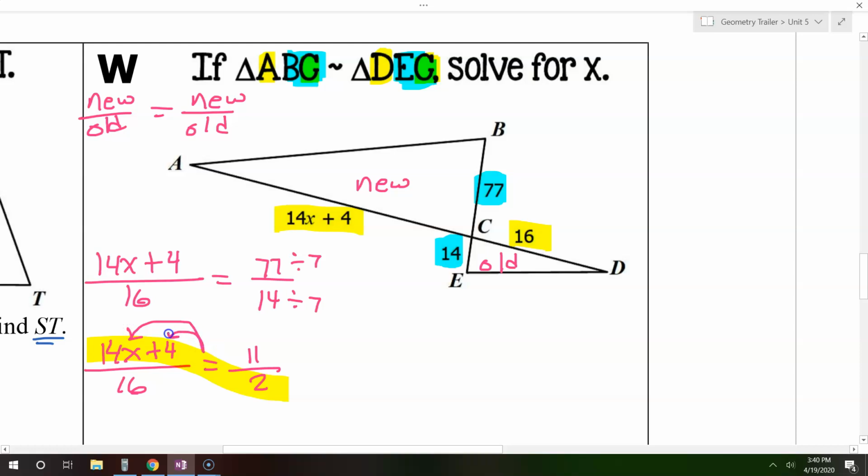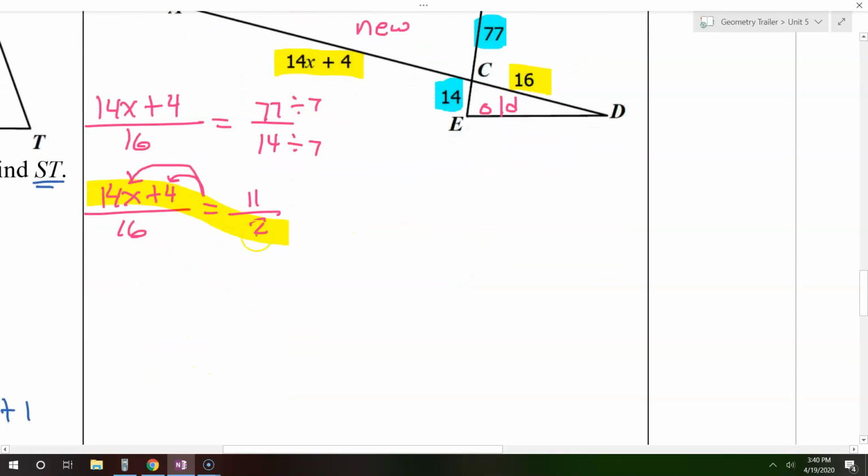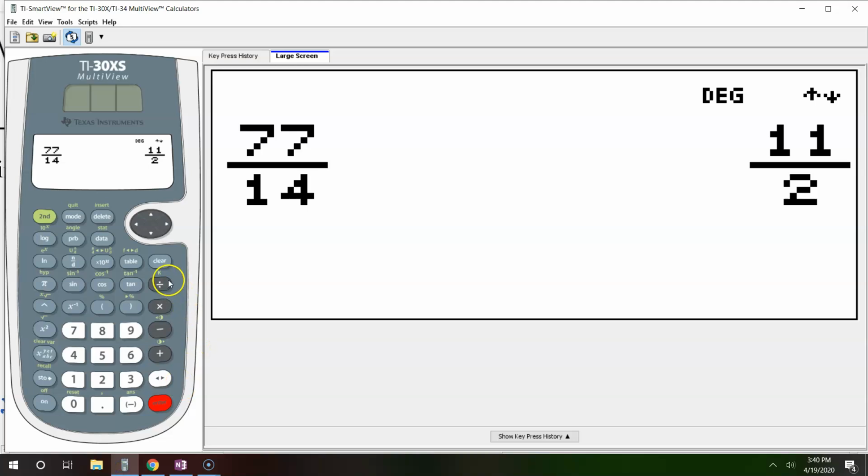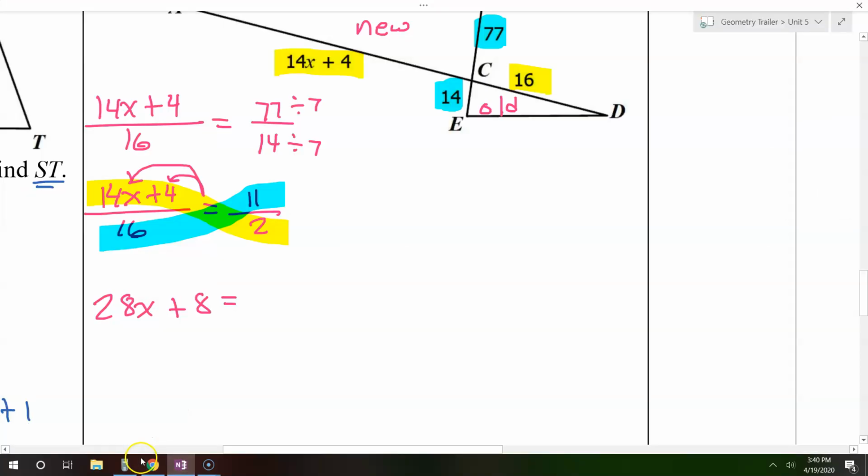All right, so we're going to do the distributive property right there. So that'll give me 28x plus 8. When we do the other diagonal, all right, that's just 16 times 11. All right, that is 176.